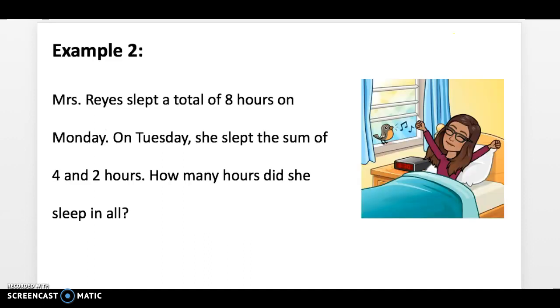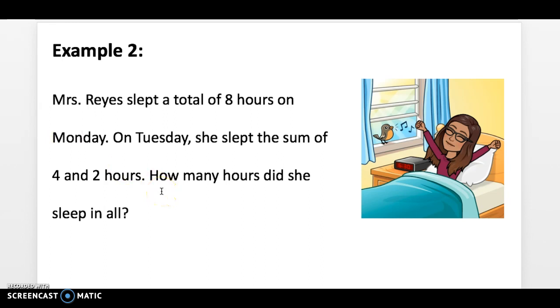Let's take a look at example number 2. Mrs. Reyes slept a total of 8 hours on Monday. On Tuesday, she slept the sum of 4 and 2 hours. How many hours did she sleep in all? Let's take our skills for example.